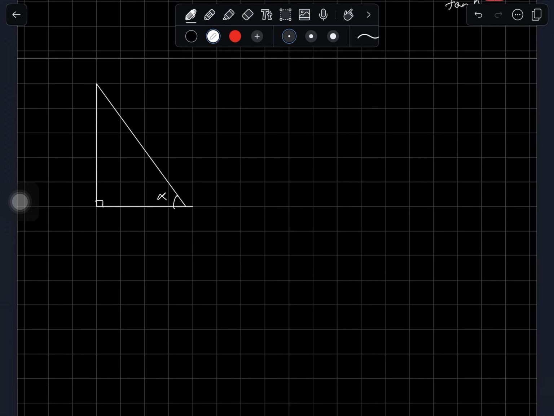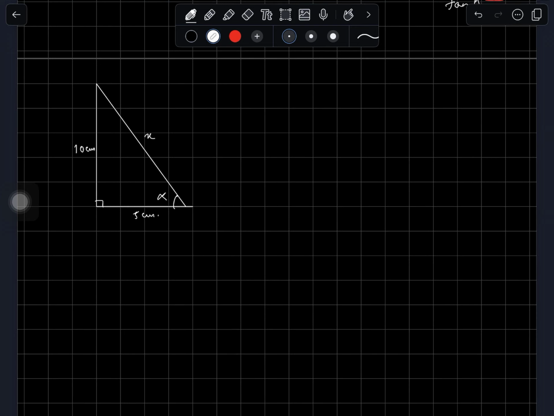It's a 90-degree triangle, and let me take this as 10 centimeters, this to be some 5 centimeters, and in the first place I wish to find x, and then we can go on to find all the three ratios over here, sine, cos and tan.